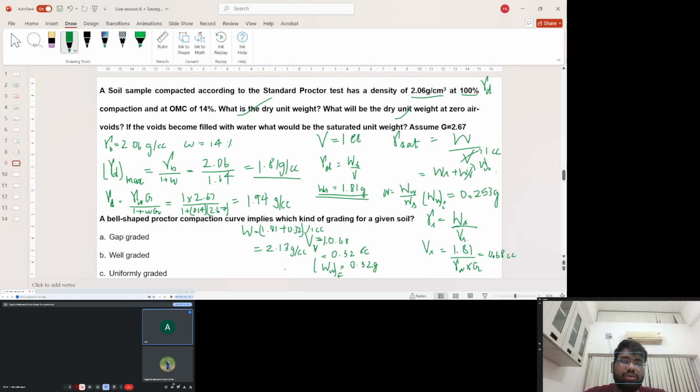So if you want to calculate the amount of water that is getting added, you can calculate weight of water final minus weight of water initial. In that way you will get 0.06 something, 0.32 minus 0.253, it will be 0.067 grams.